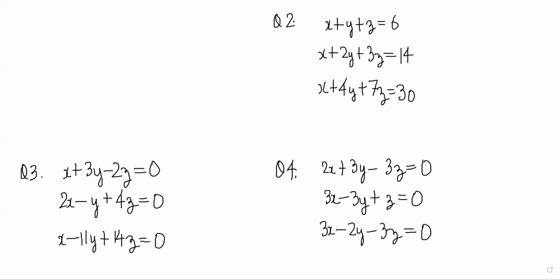I multiplied it with 6, 14, and 30, and you get 12 minus 42 plus 30. Oh, never mind, it's 0. My z's value didn't come as 0. It is coming as 0. Yeah, it is consistent, but there are infinite solutions.